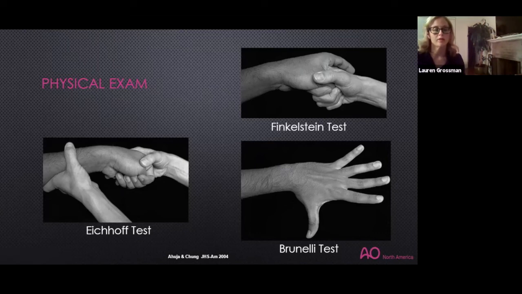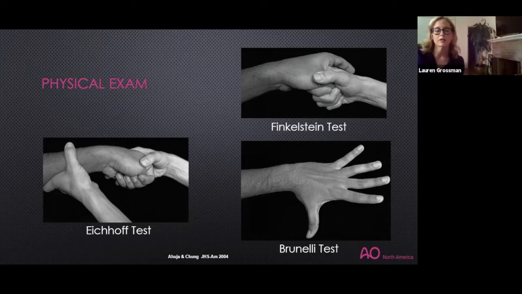With the Eickhoff test, you have the patient hold their thumb in their fist, and then you take their hand and ulnarly deviate to put tension on the radial aspect of the wrist. What this does is it pulls your EPB and your APL through the sheath, which is already stenotic, causing friction in the area, causing the patient to have pain there.